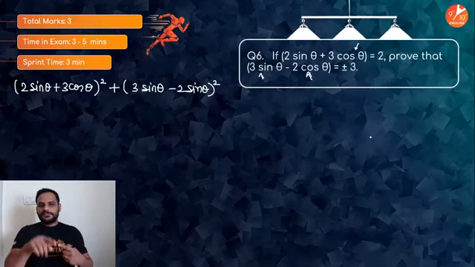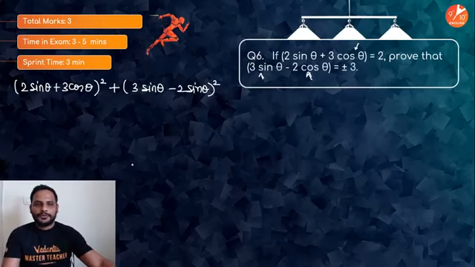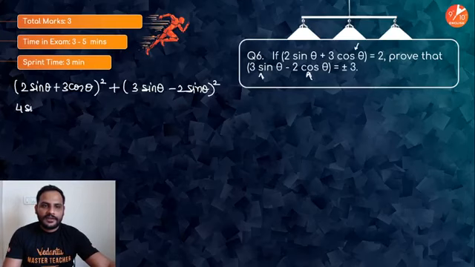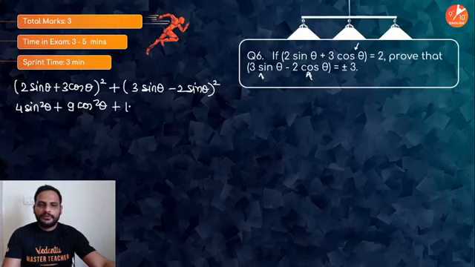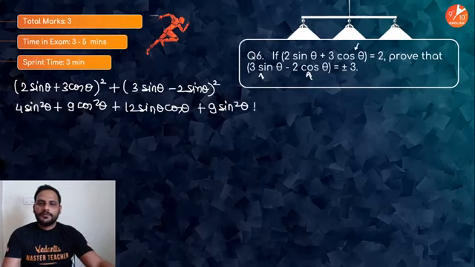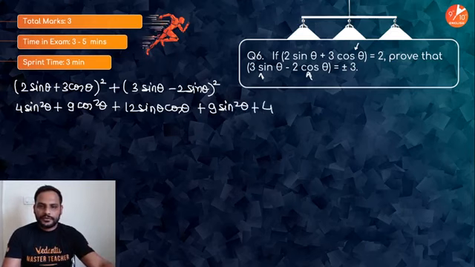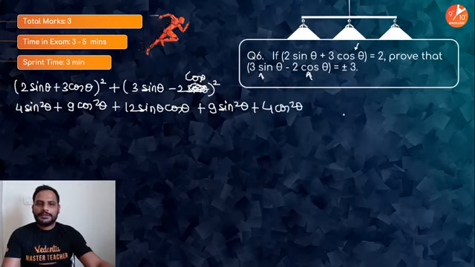So in these kind of questions, we start with adding the square of both. So what happens over here? I will get 4 sine square theta plus 9 cos square theta plus 2 into 2 sine theta into cos theta, so 2 into 2 is 4 into 3 is 12, 12 sine theta cos theta, and here plus 9 sine square theta plus 4 cos square theta, minus 12 sine theta cos theta.